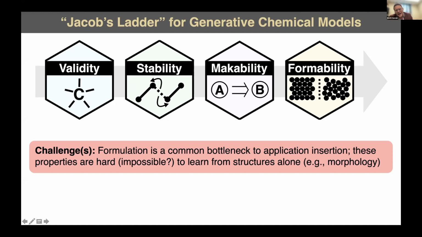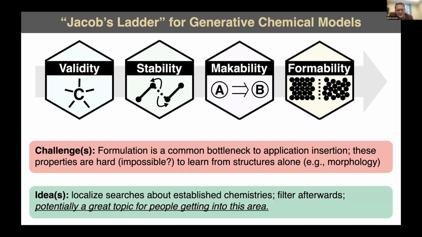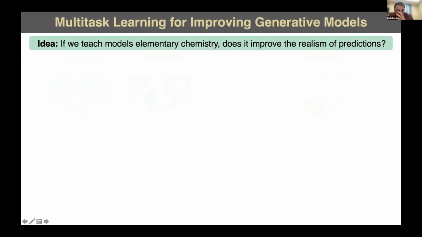I don't think we have any models of that, right? This is very difficult to model, and we don't have any good surrogates of that. So it's basically filter afterwards, or localized searches about established chemistries. If you're thinking about getting into this area, I think that this is wide open. I'd be interested in comments if people disagree with that.